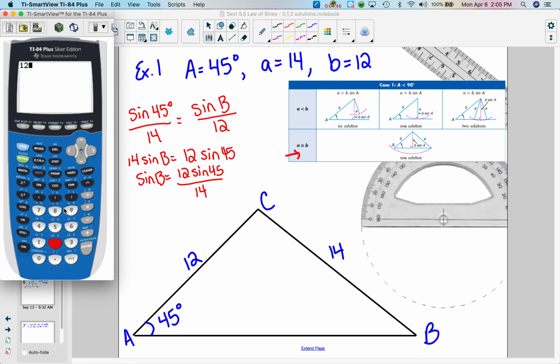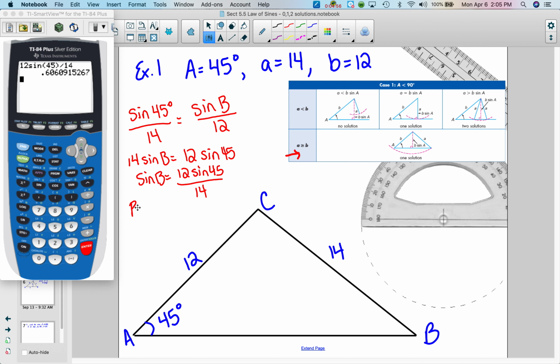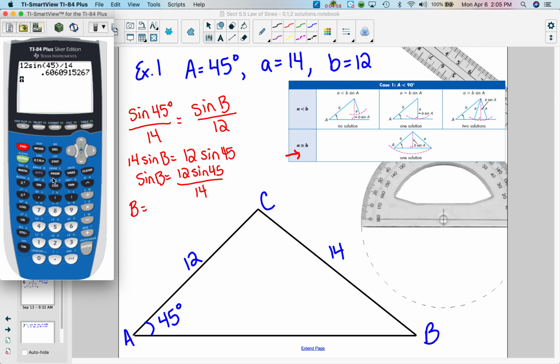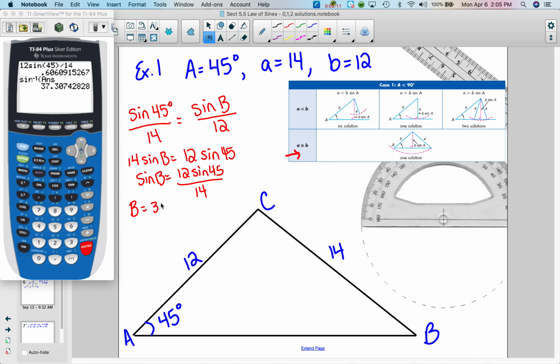So I'm going to take 12 sine 45, divide by 14, and remember that's sine B, so I have to do inverse sine of that. To recall it, you go second and then answer, the negative sign. So we get about 37.3 degrees.